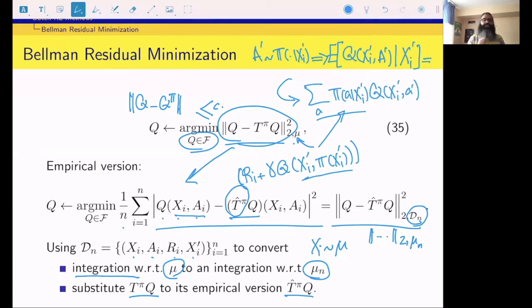It is only one sample from it. So we can have one sample from xi prime and one sample from ai prime, and both of them together make T hat pi of Q an unbiased estimate of TQ.